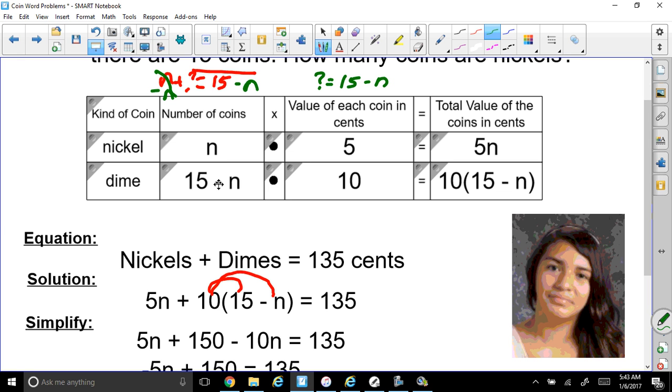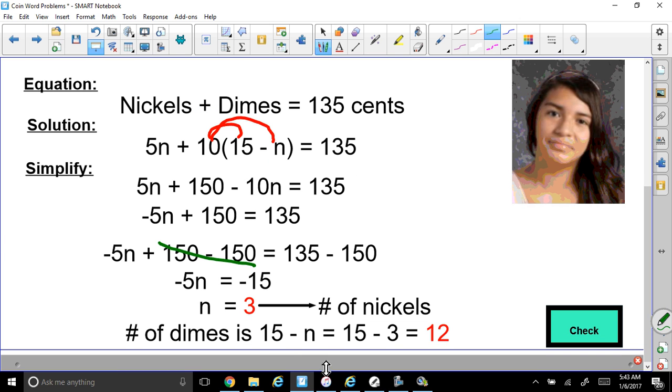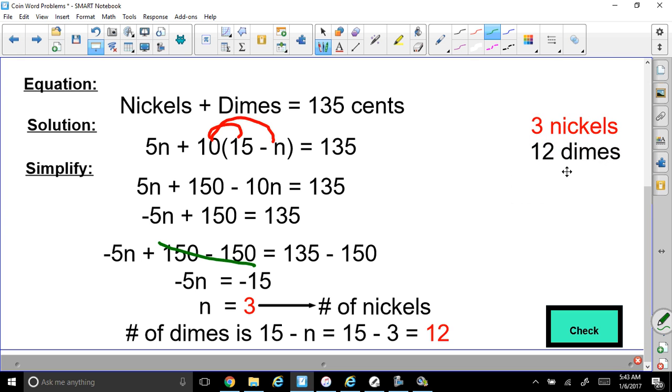All we knew was there were 15 coins in there. If I know there are 3 nickels, then I should be able to figure out how many dimes there are just by subtracting 3 from 15. So 15 minus 3 gives me 12 dimes. So all I was supposed to find was 3 nickels, and I did find it. So there are 3 nickels in her purse, but there are also 12 dimes.